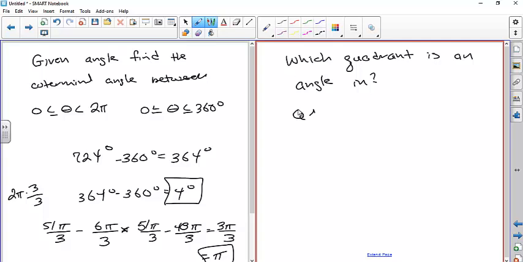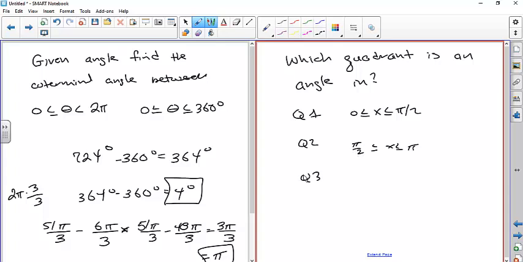First quadrant goes from 0 to pi over 2, and the second quadrant goes from pi over 2 to pi, which you can read off the unit circle.